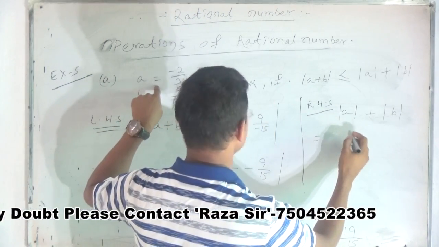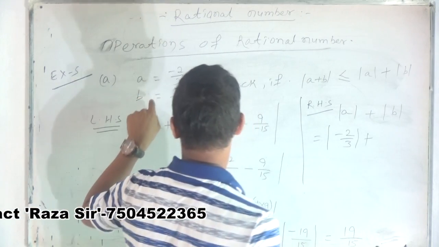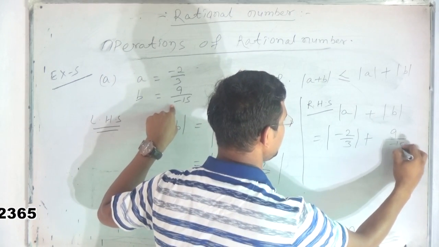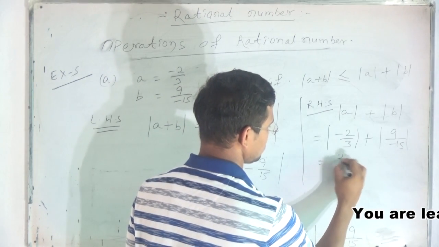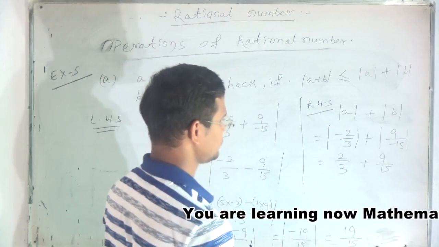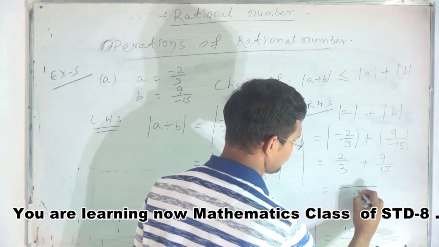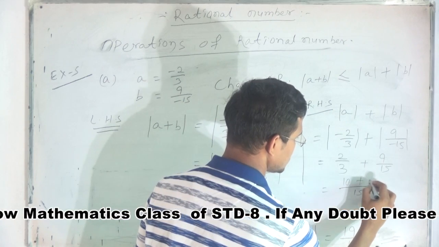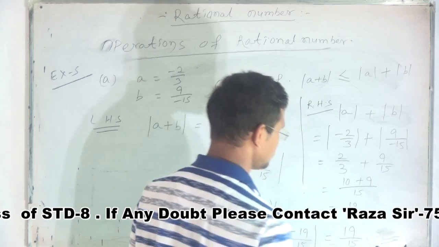The value of a is minus 2 by 3, put the value of b, minus 9 by 15, then avoid the sign. 2 by 3 plus 9 by 15, operate this with 15, then 10 plus 9 equal to 19 by 15.